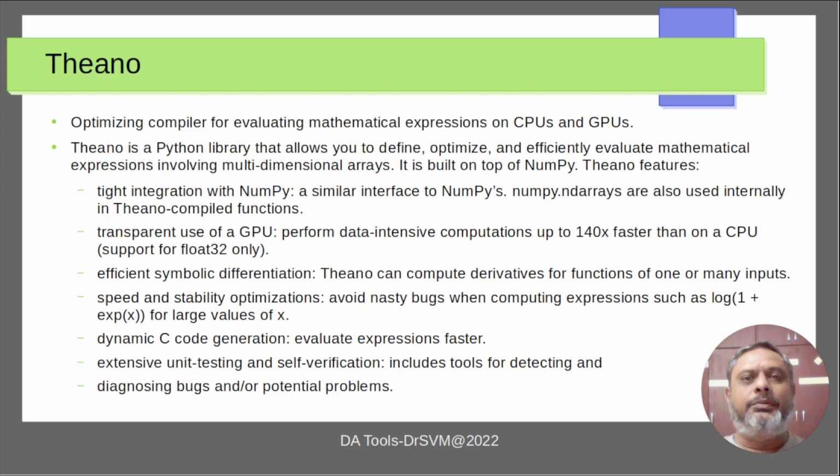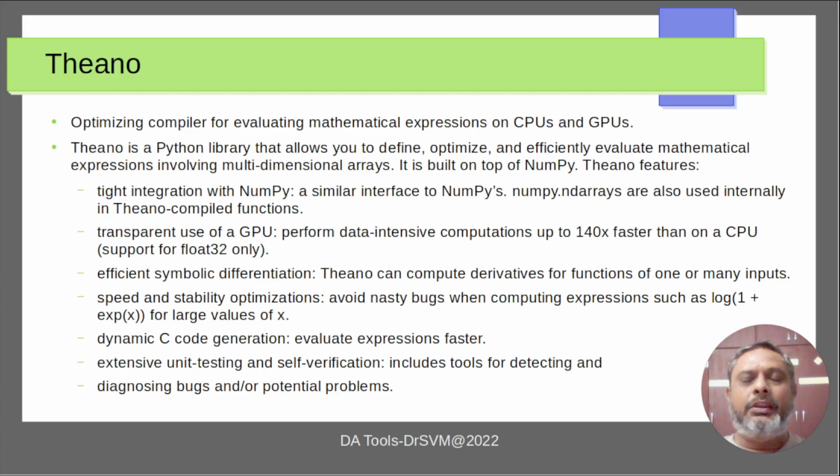Speed and stability optimization. So it will avoid nasty bugs when computing expressions such as log of 1 plus e to the power x for larger values of x. So usually what happens is when the value of x is larger, exponential of x becomes too large to hold in the data structure, and because of that the value goes erroneous.